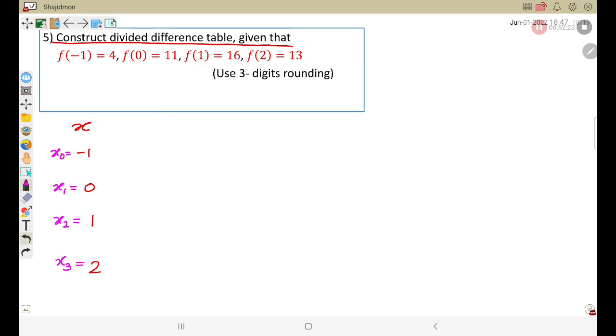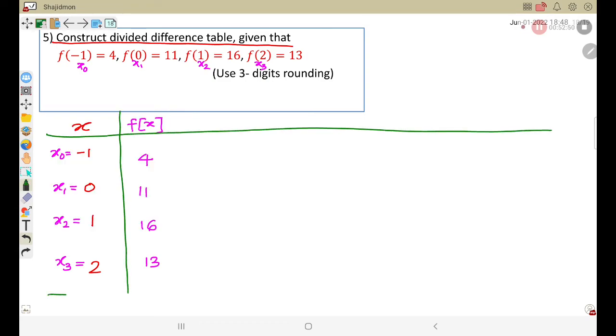This is the important part. Then f of x. What is f of x given? 4, 11, 16, 13. The bracketed numbers are the x numbers, this is x0, x1, x2, x3. Another one is the f of x values. So we can get the table like this.